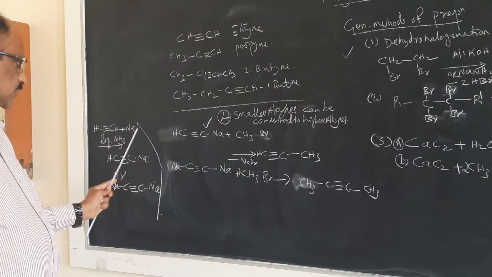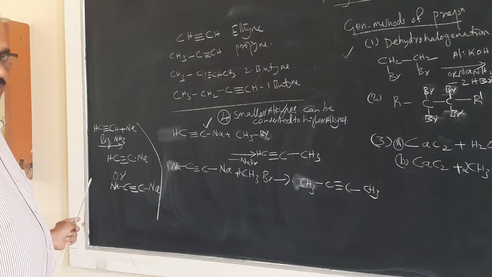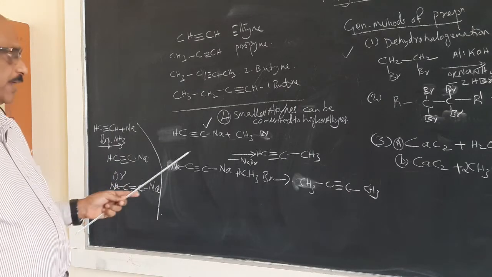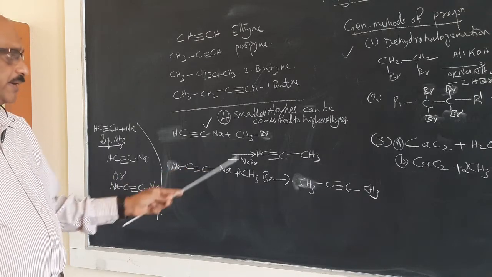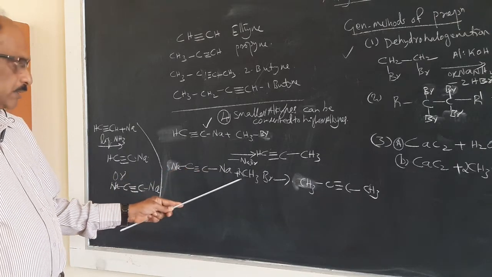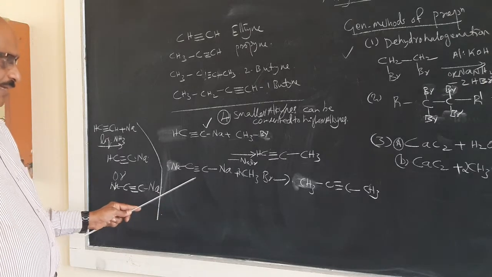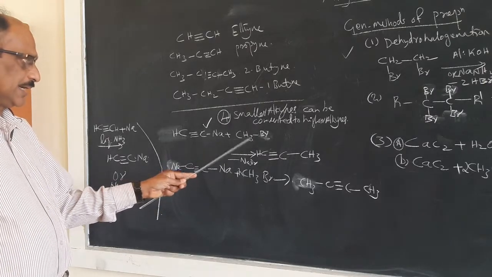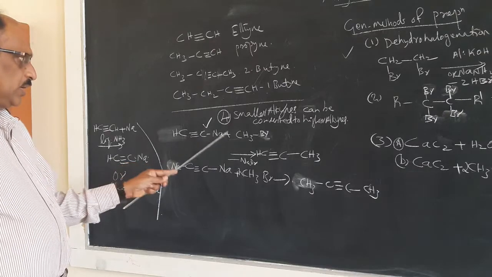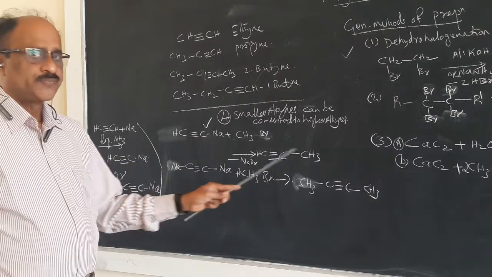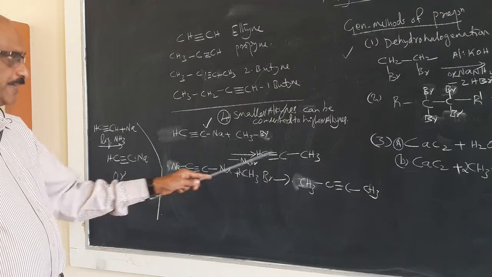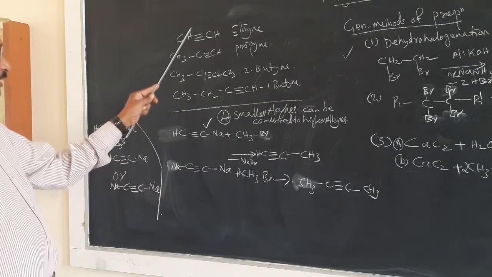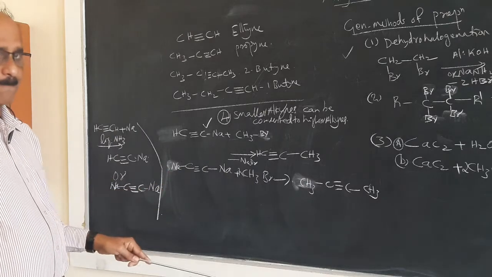Ethyne can be converted into monosodium or disodium acetylide. That can be reacted with methyl bromide, an alkyl halide. In the second step also, an alkyl halide is good. In the first step, the alkyl halide reacts with monosodium acetylide and forms a higher alkyne. This is nothing but propyne. So from acetylene you can prepare propyne.